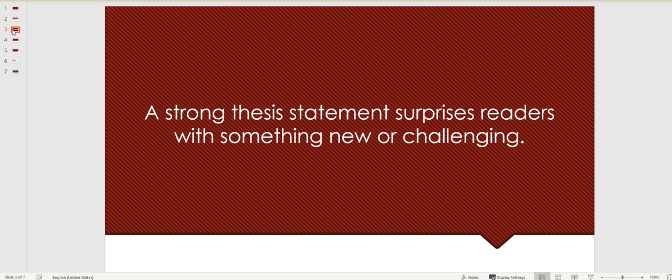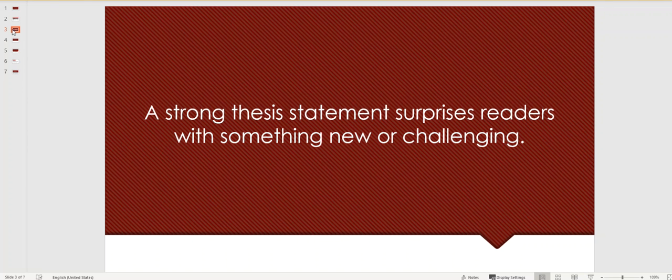And think about this tip. A strong thesis statement surprises readers with something new or challenging. You don't want your thesis statement to be something obvious because it makes your essay boring to read. If you're presenting information to your reader that they already know, they might not really be interested in reading your work.